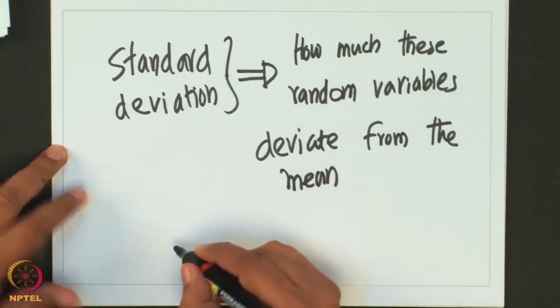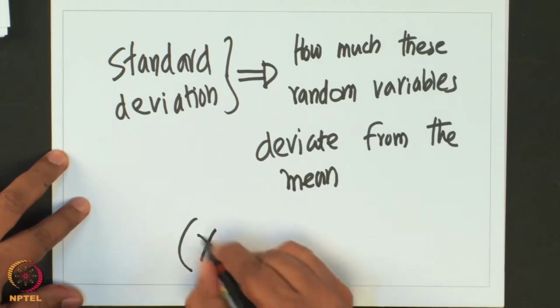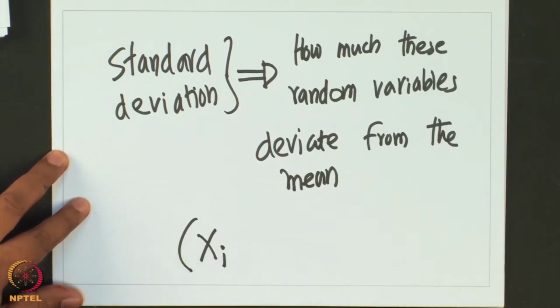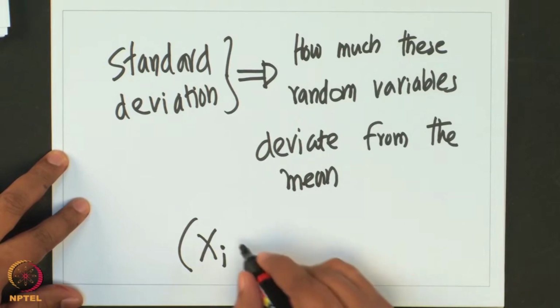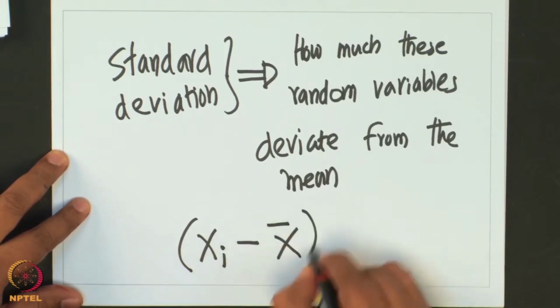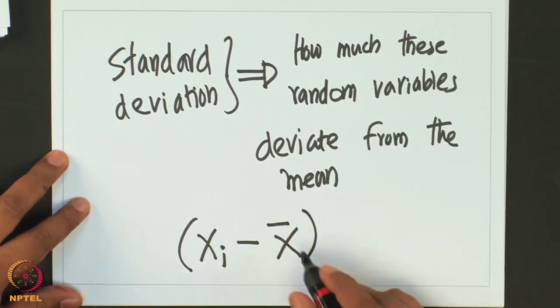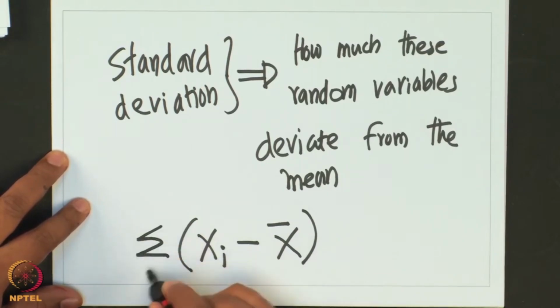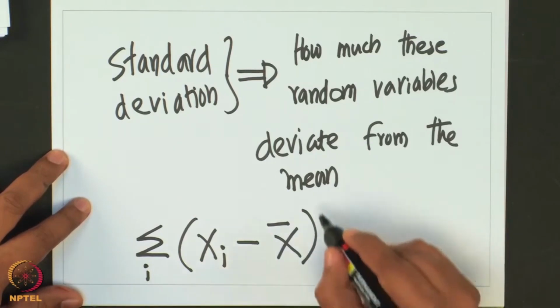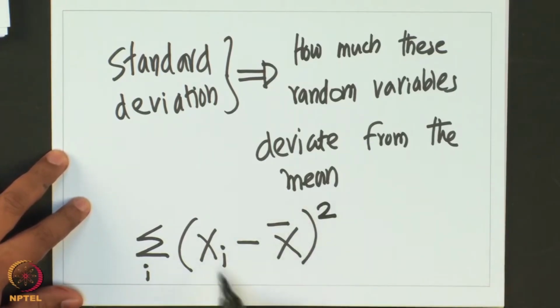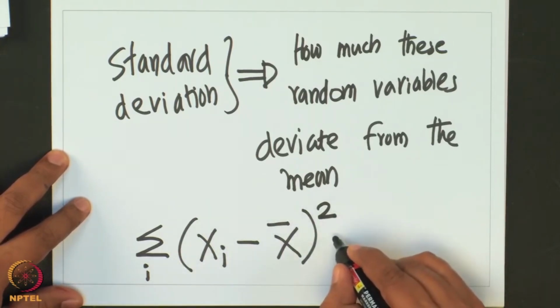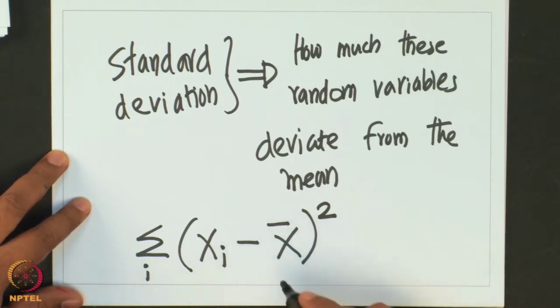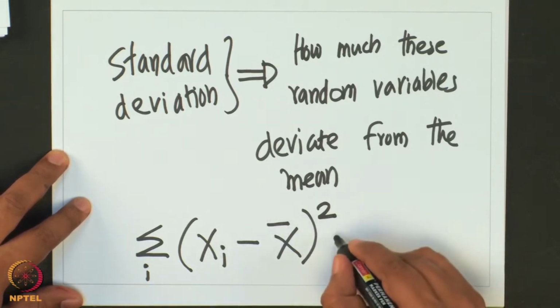If I take the mark of the ith course or ith measurement and subtract the mean, I will get a number. If I sum this, I will get 0. So this doesn't make any sense. So I have to square and sum. You take each number, subtract the mean from it, square and sum. This is called variance, and the square root of this is called the standard deviation.